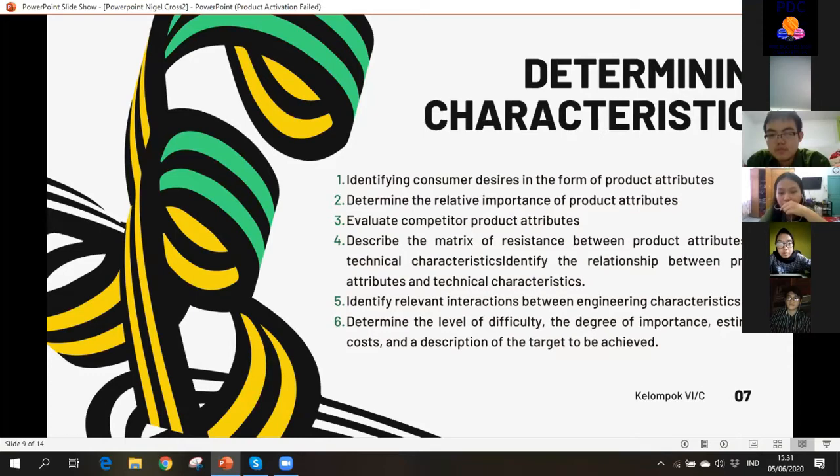Fifth, identify relevant interaction between engineering characteristics. Sixth, determine the level of difficulty, the degree of importance, estimated cost, and a description of the target to be achieved.